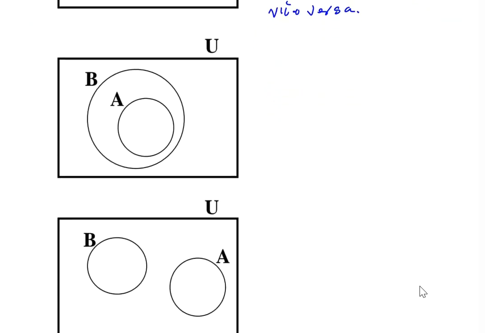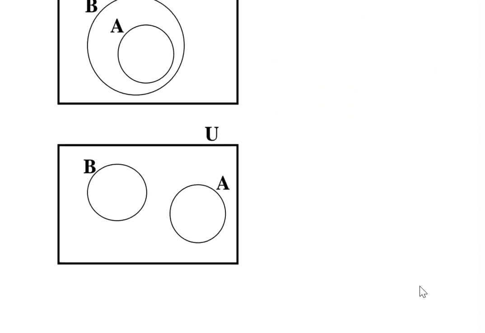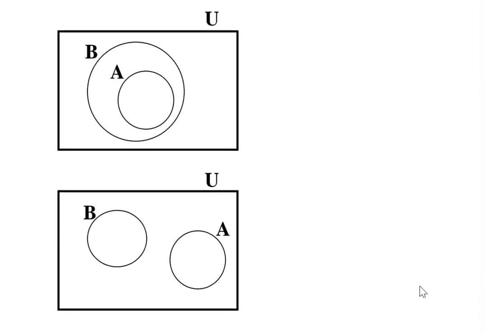In arrangement 2, A is a subset of B. So all elements of A are also elements in B.